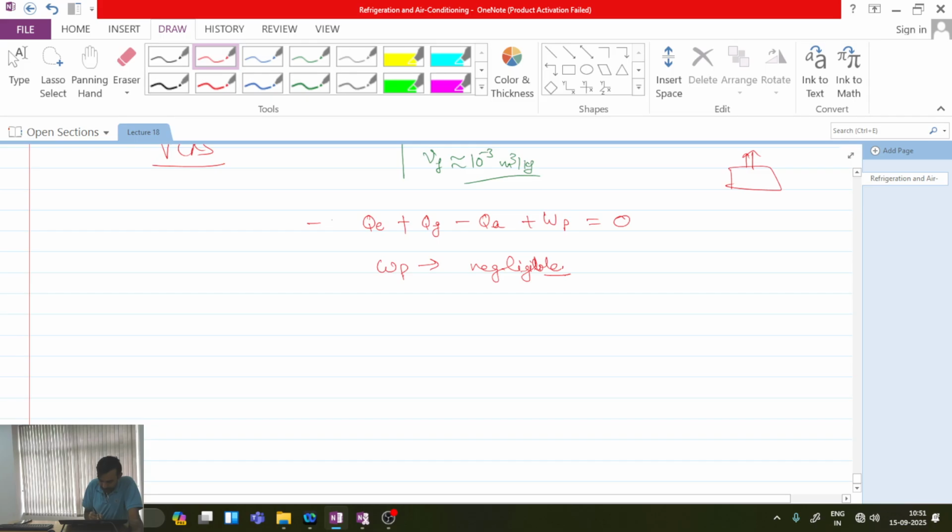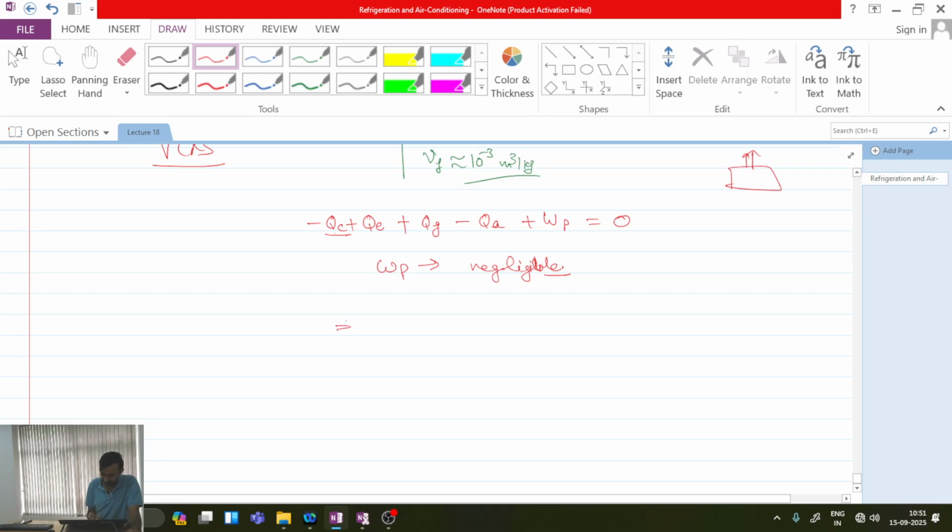So minus QC also you can include. Generally, generator temperature will be larger in comparison to the condenser temperature. Okay. Is this one clear? So please remember this QC I missed, so QC will also come.